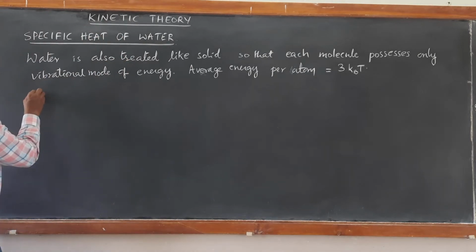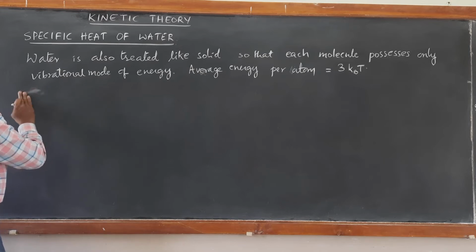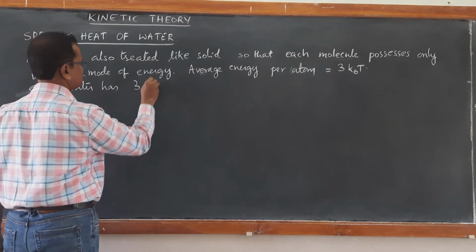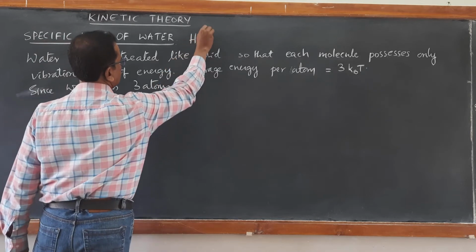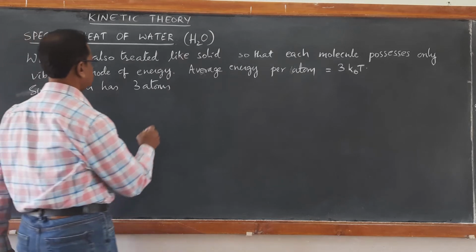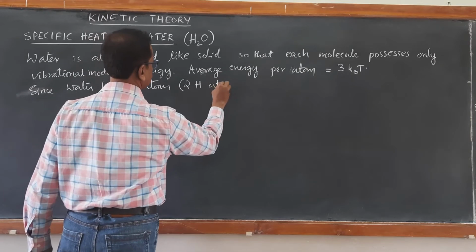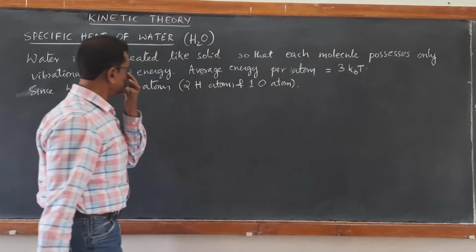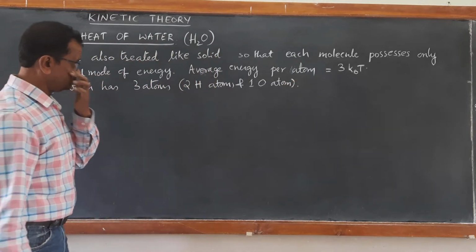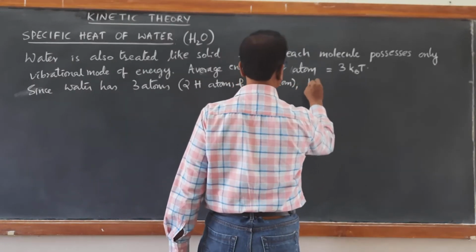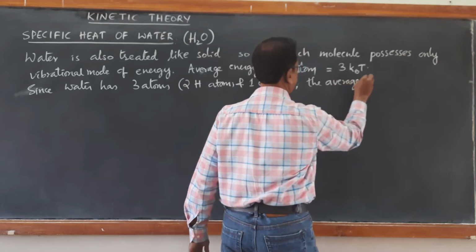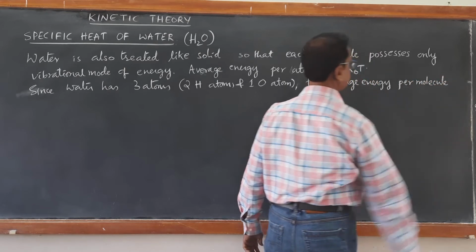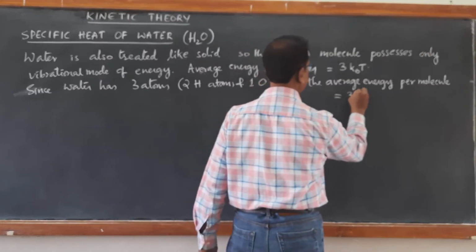Therefore, since water has 3 atoms, H2O, 2 hydrogen and 1 oxygen, the average energy per molecule becomes 3 into 3 kBT.